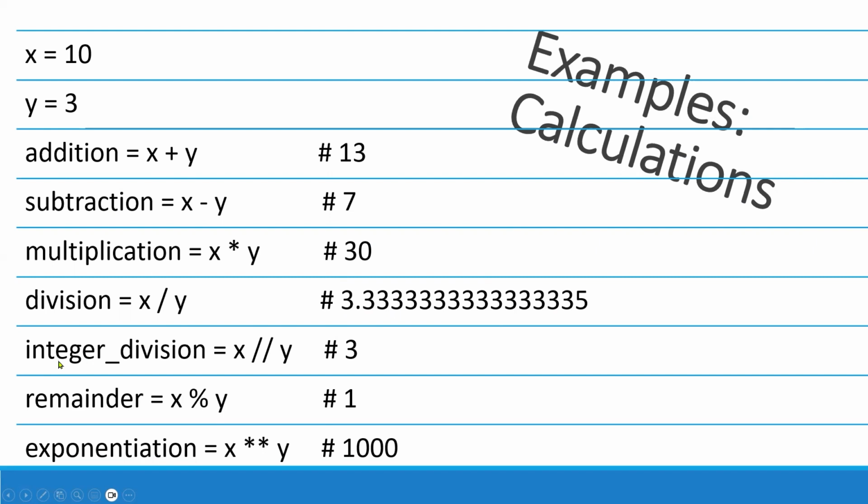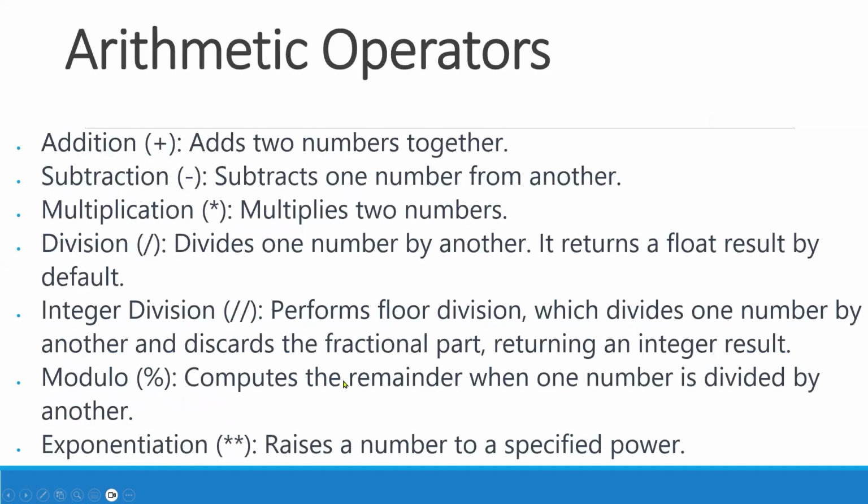Integer division uses the double slash: x, which is 10, double slash y, which is 3, so it'll be 10 double slash 3, and it will give me an integer because this is an integer division, based on the description previously.